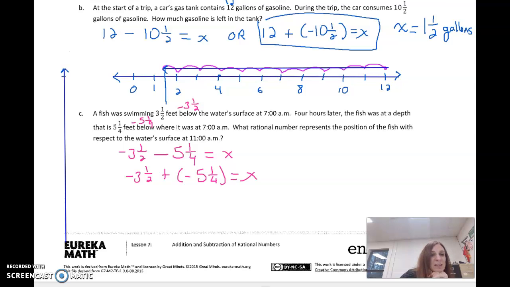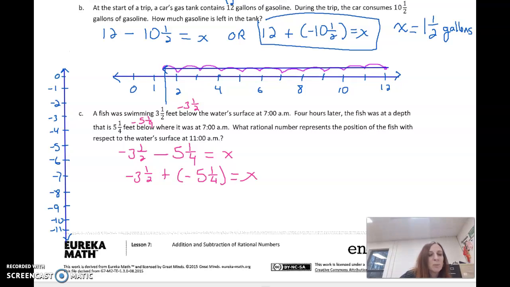So just to make things nice, I'm going to put 0, negative 1, negative 2, negative 3, negative 4, negative 5, negative 6, negative 7, negative 8, negative 9, negative 10. I have room for one more, negative 11.